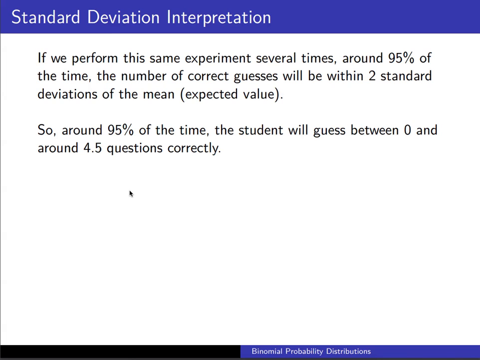So 95% of the time, the student's going to get between 0 and 4 or 5 questions correct by pure guessing alone. Again, it's not a guarantee that they're going to get even 2 of them right by guessing, but in the long run, that's what we would expect to happen. And in the long run, around 95% of the time, our student's going to get between 0 and 4.5 questions correct.